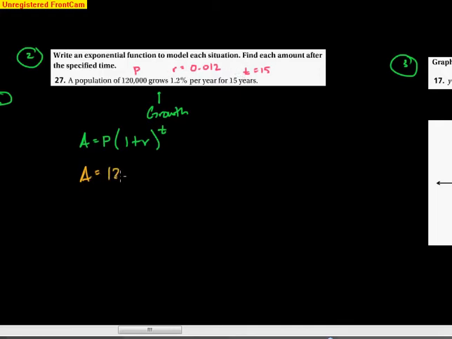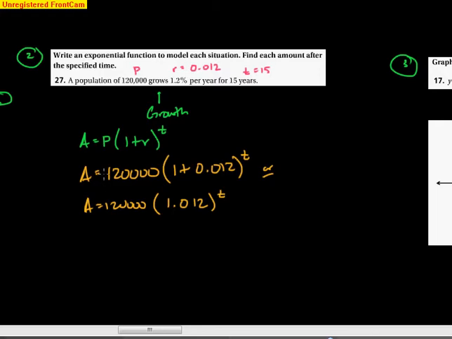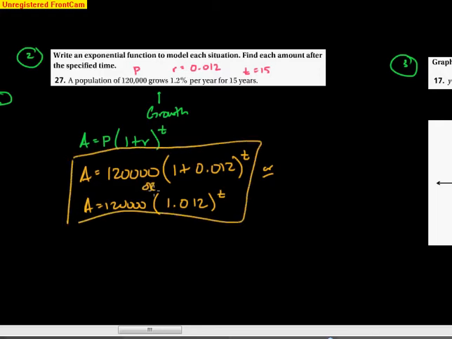So the model itself would be this: 120,000 times 1 plus 0.012 to the T. Or you could also add those 2 numbers inside together. So either one works.